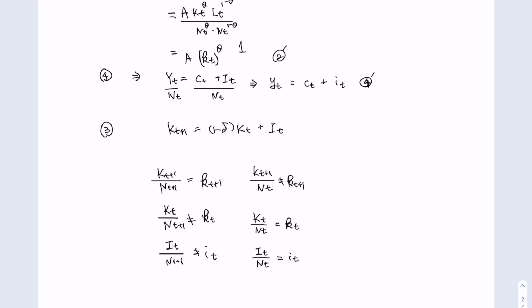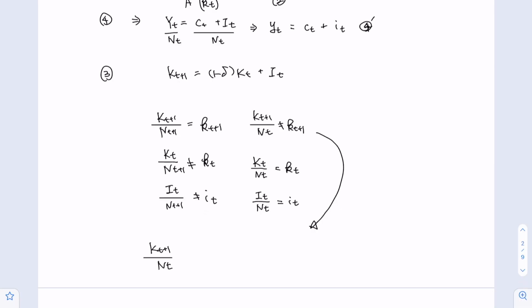Therefore, let's see if there is any way we can resolve the issue for K_{t+1} over N_t. K_{t+1} over N_t does not have any economic meaning, but if we separate K_{t+1} and N_t out, then we know that the right partner for K_{t+1} is N_{t+1}.